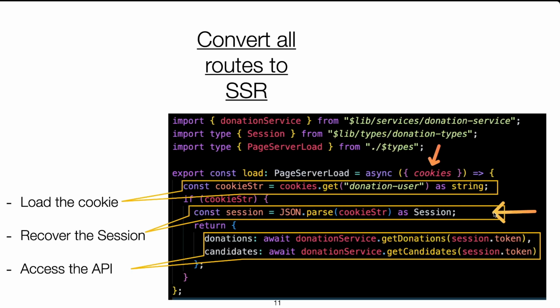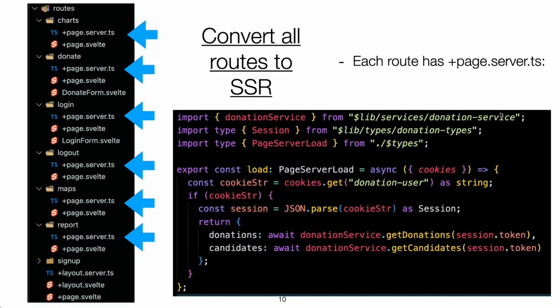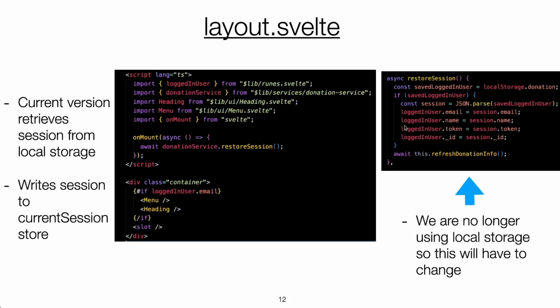And then once we've got that done, we can access the token, which is stored in the cookie, and we can access our API as normal from here on in. So each of those page.server.ts files will contain something like this and perhaps a little bit more. This code then becomes integrated into all our page.server implementations.